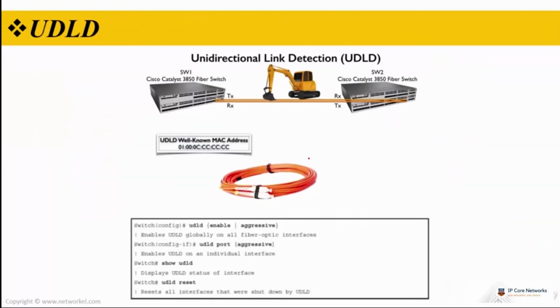UDLD also works with similar logic to LoopGuard. UDLD is a layer 2 protocol that simply behaves like a keep-alive mechanism. UDLD-configured interfaces send UDLD packets to the point-to-point port on the other end and receive UDLD echo packets from the opposite side.